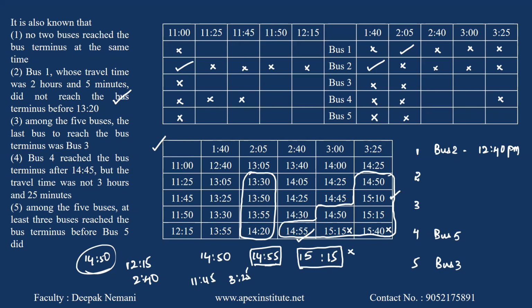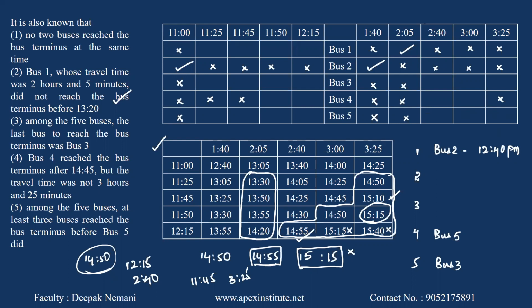Now coming to bus 3, because bus 3 is the last bus to reach the terminus. So if we have bus 5 reaching at 15:10, then bus 3 should reach the terminus by 15:15. But this is not possible because you can have 15:15 when you have bus 3 starting at 11:50, which is possible, and the journey time should be 3 hours 25 minutes, which is not possible because we have considered that bus 5 is starting at 11:45 and reaching the bus terminus at 15:10.